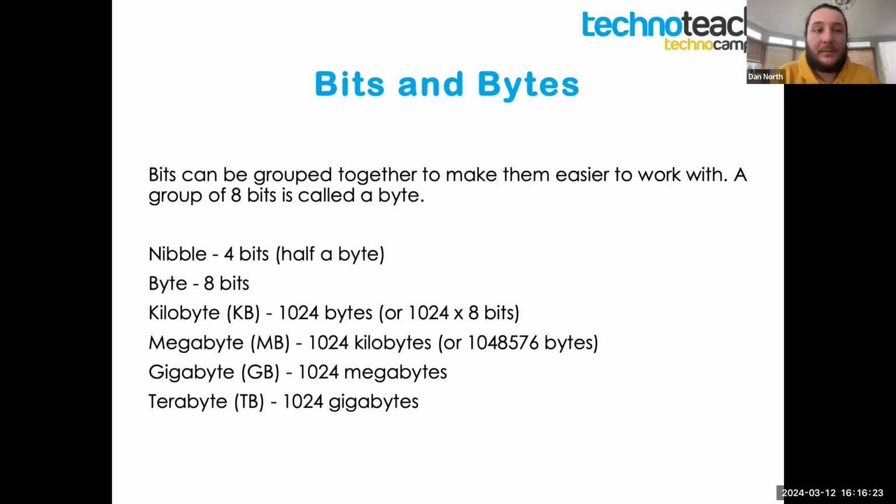We should be measuring our bits and bytes in powers of 1,000. So a kilobyte is 1,000 bytes, a megabyte is 1,000 kilobytes, a gigabyte is 1,000 megabytes, and so on.